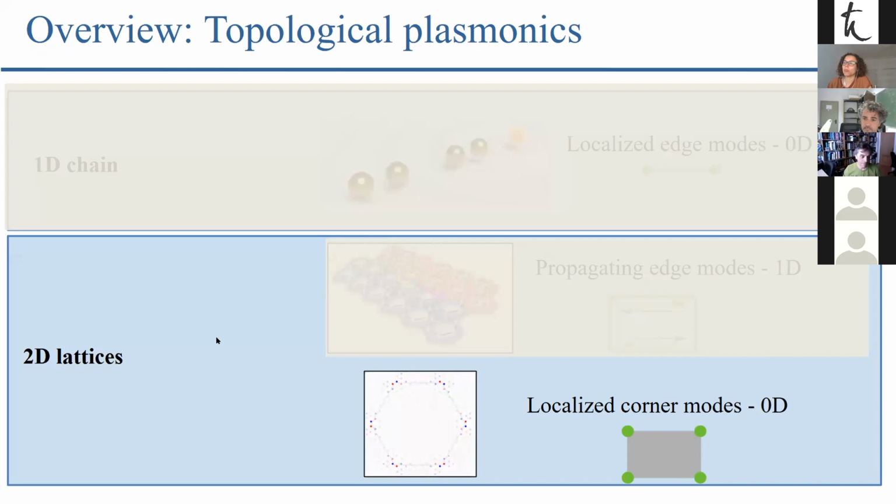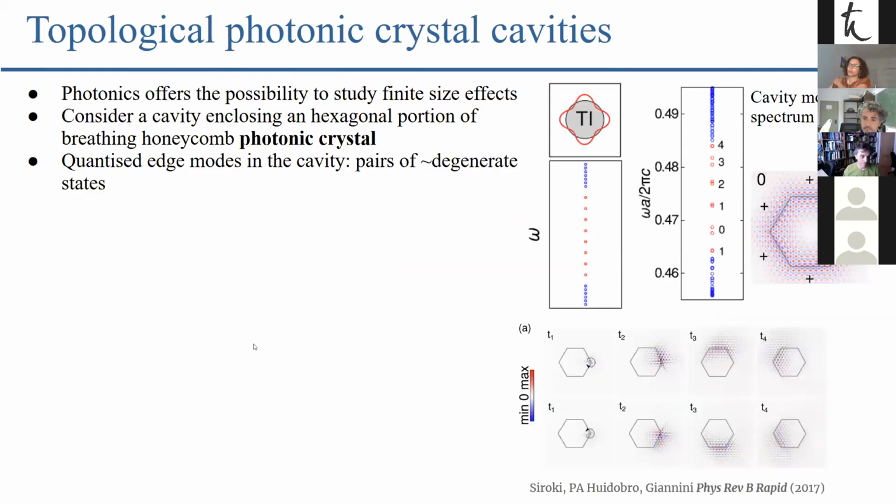Okay, so in a couple of minutes, let me just go to the last part of the talk. The next thing that we did was to study topological cavities. So now, instead of an infinite edge, we consider a closed cavity. We first did this for a photonic crystal with the same breathing honeycomb symmetry that I discussed.